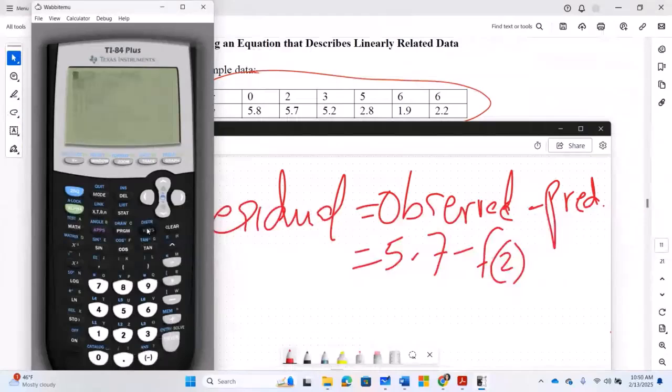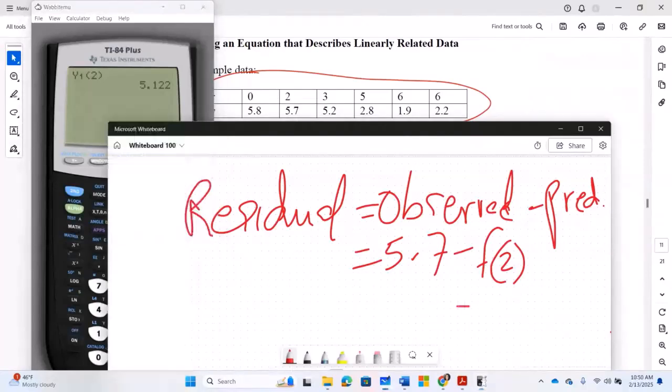So I'll say vars, function y1, and then I will substitute 2 there. In other words, what is the value of y when x is 2 in that equation? So I got it here. My calculator told me it's 5.122.